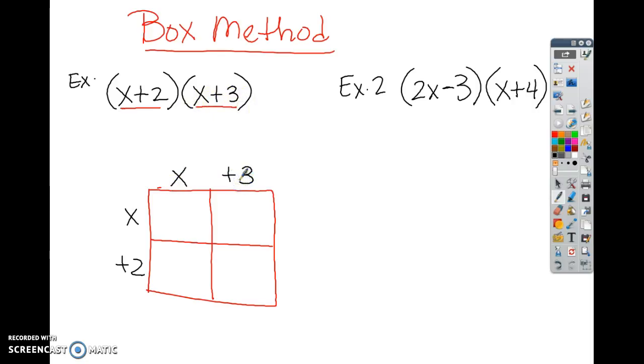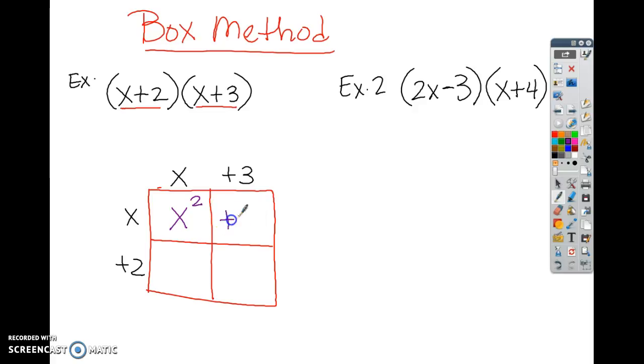And the reason this is called box method is because you're using a box to organize your information and multiply everything inside there. So now you can start multiplying. X times x goes in this box. And that would give you x squared. X times 3 would go in this box right here, where the x and the 3 meet.